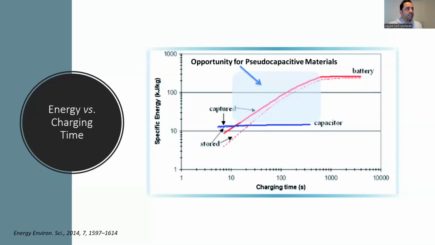By slowing down charging time and giving the battery more time to get charged, you have higher specific energy density, and it can go much higher than supercapacitors. So for supercapacitors, we have low specific energy, whereas for batteries, we have very high specific energy.